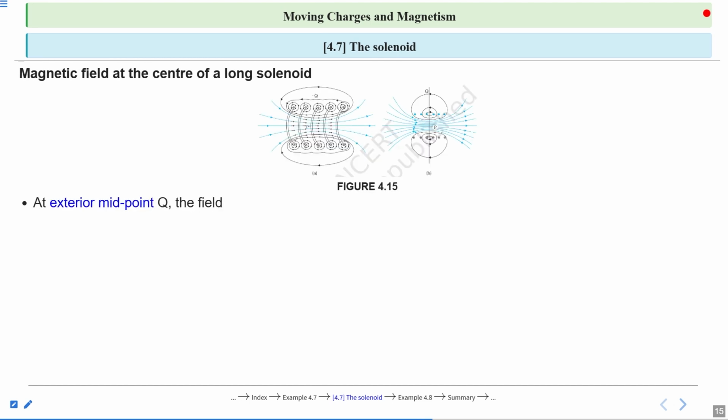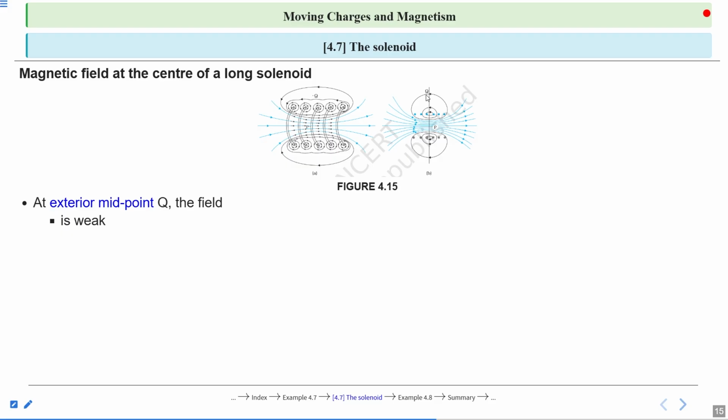Now at the exterior midpoint Q. Now we are going to discuss the exterior point Q here. The field is weak. As I've already mentioned, you can see the field lines are farther apart, and also non-uniform.